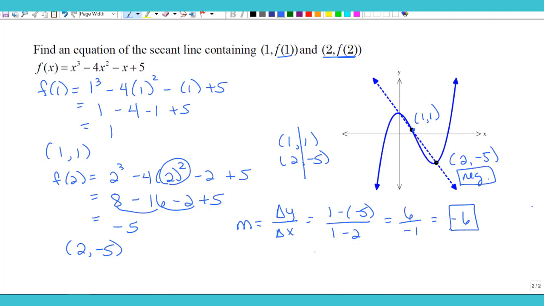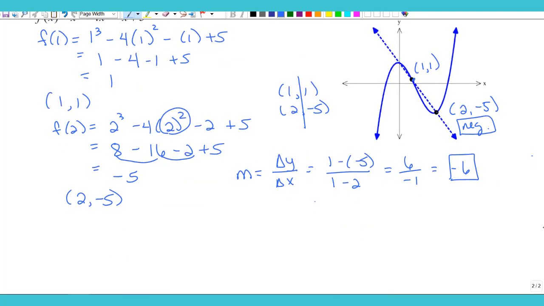Now once again, I don't have that b or the y-intercept, so I need to use the point-slope formula for the line. So again, I choose whatever point I want. I think I'm going to use the one that doesn't have any negatives. Looks pretty easy. So I have y minus 1 equals my slope times x minus 1.